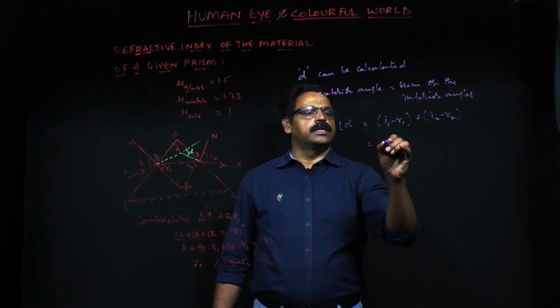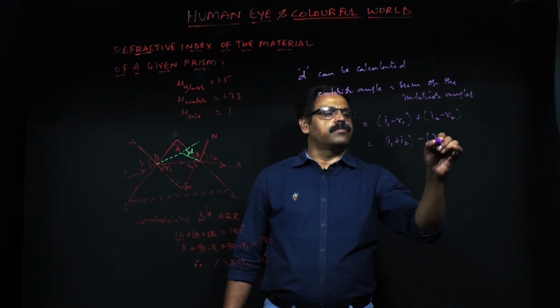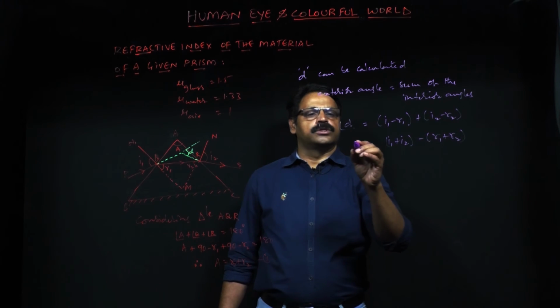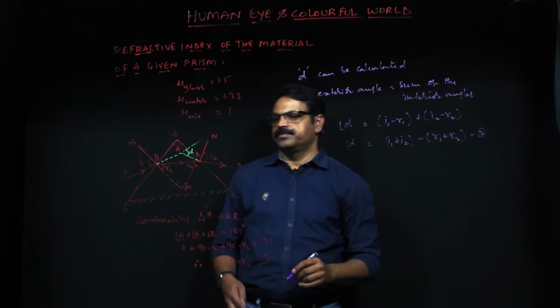That comes out to be I1 plus I2 minus (R1 plus R2). This is the deviation angle. Let us say this is equation 2.